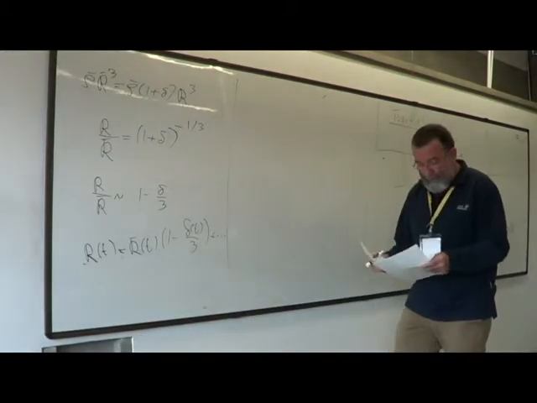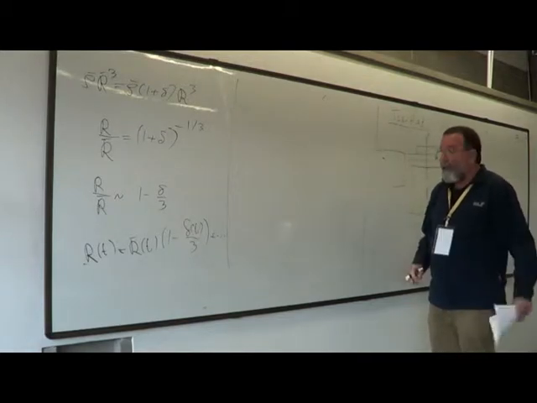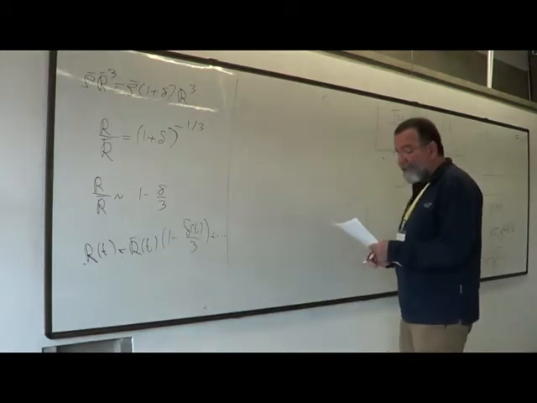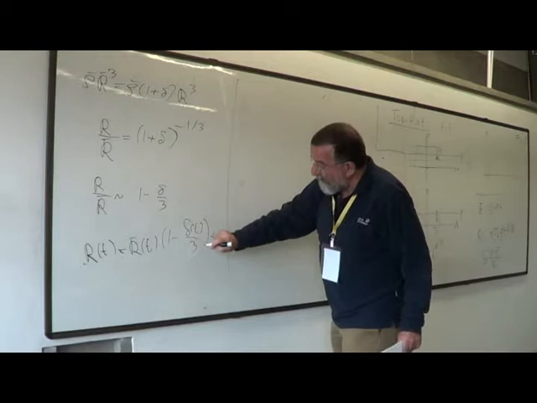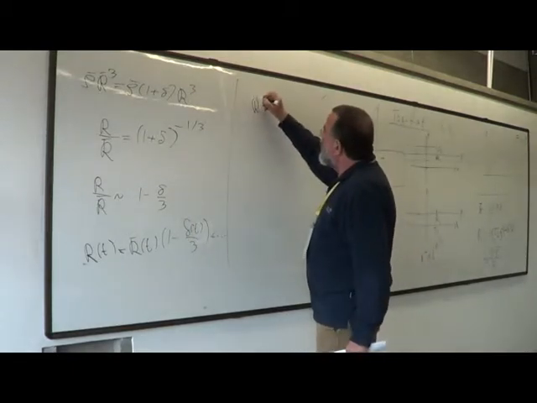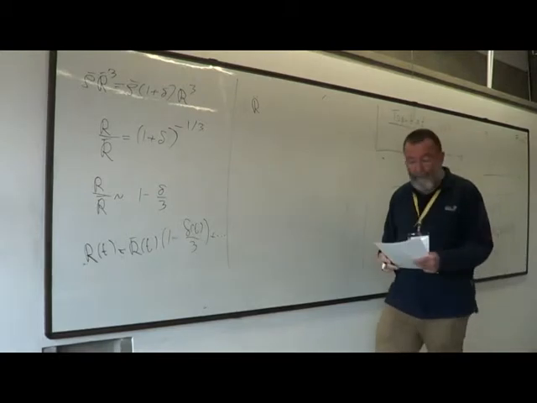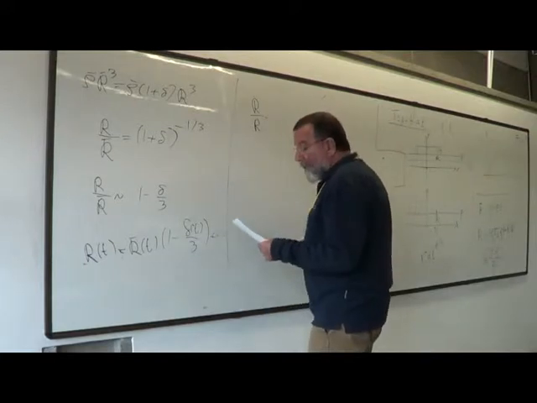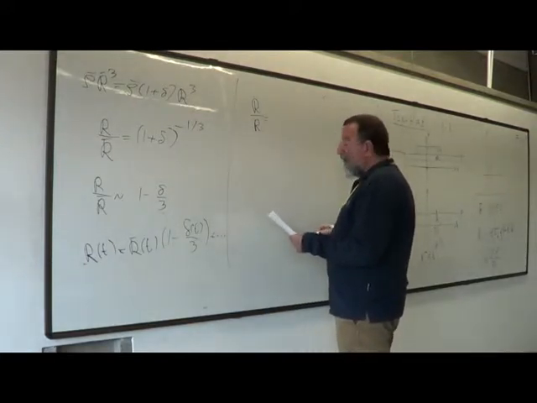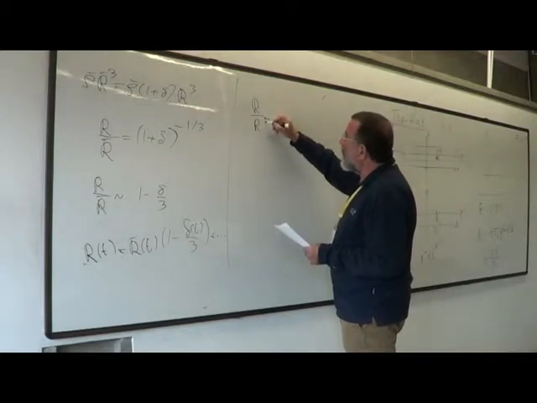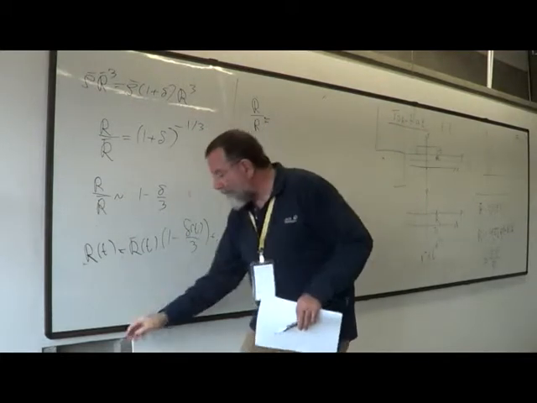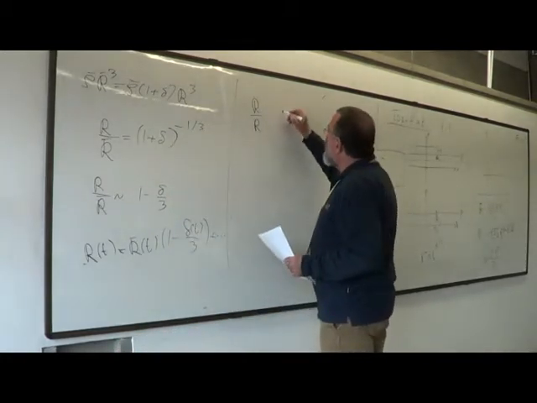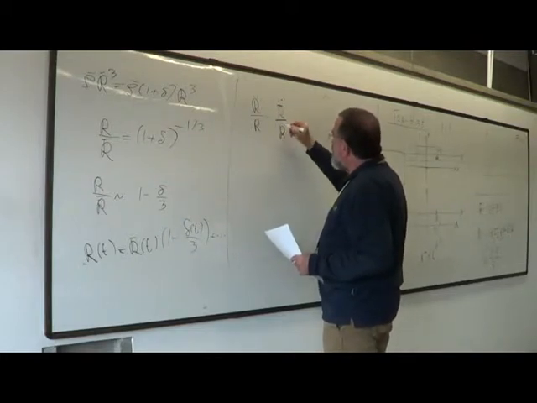Actually, the transition from here to what I'm writing here is left for you as a small exercise. So what I have here is R double dot over R equals, let me write it in a more symmetric way, minus R bar double dot over R bar.